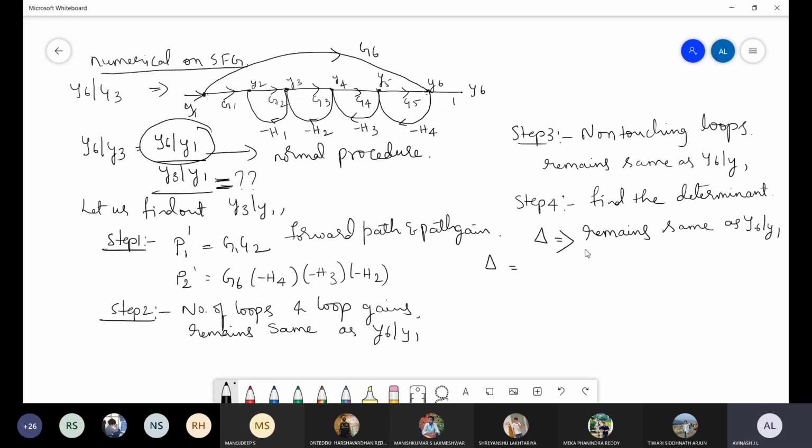So for the y6 by y1, the value of delta we got is delta equal to 1 minus L1 plus L2 plus L3 plus L4, the 4 loops we have taken, plus L1 L3 plus L1 L4 plus L2 L4.